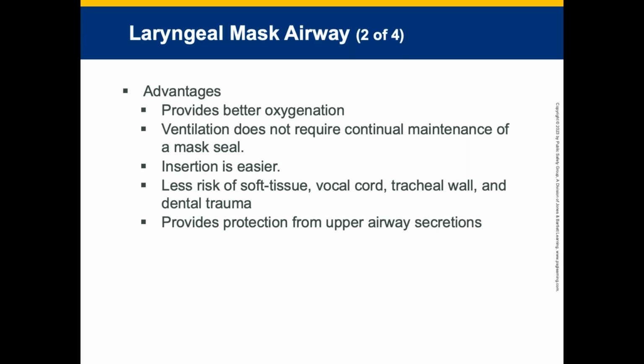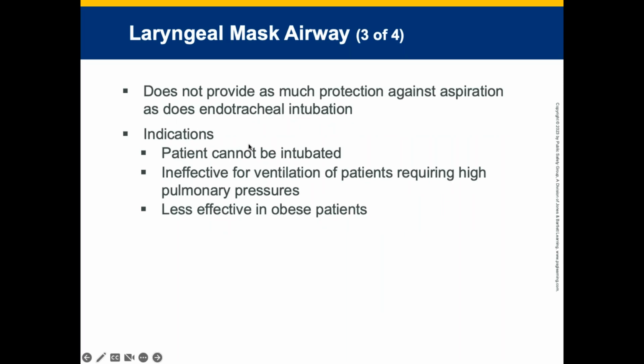Many advantages to these: it provides better oxygenation, ventilation does not require the continual maintenance of a mask seal, and they insert a lot easier. Usually in the ORs, if they're not intubating patients, they'll use LMAs. I've seen more LMAs used in the OR than in the field. It also provides protection from upper airway secretions as well.